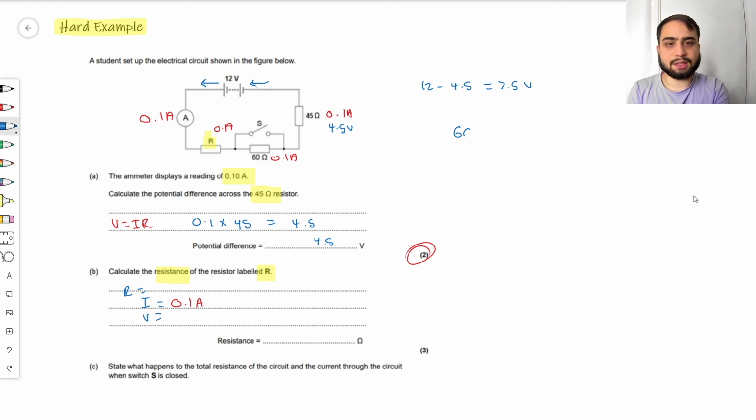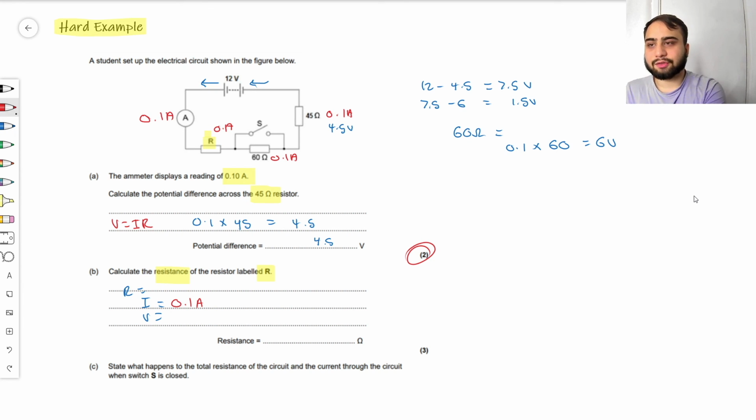So 60 ohm resistor is equal to 0.1 times 60 ohms, because remember that's the amps and that's I and 60 is R, so that gives us 6 volts. So now we have to take away 6 from 7.5 up there, so 7.5 minus 6, and that gives us 1.5 volts remaining, which is the voltage across R. So the voltage across R is 1.5 volts.